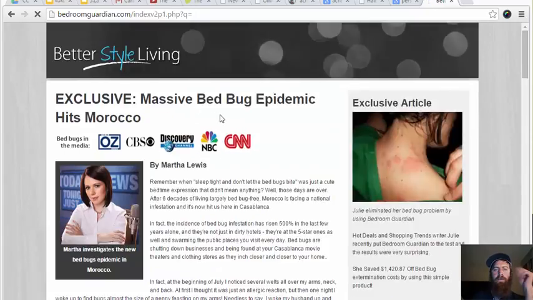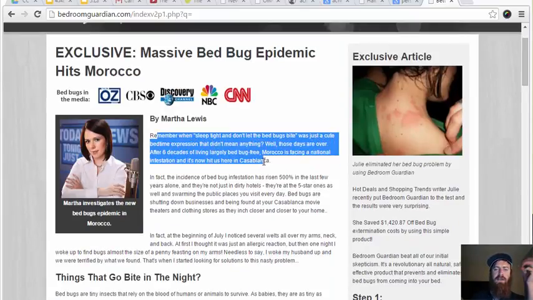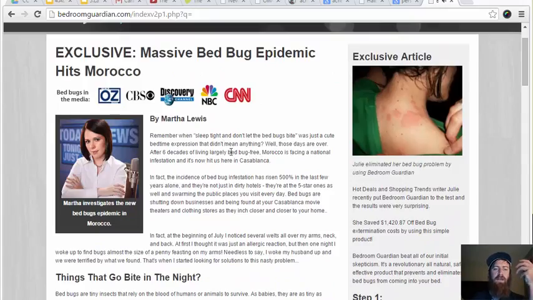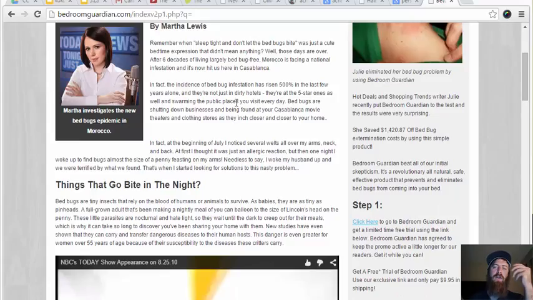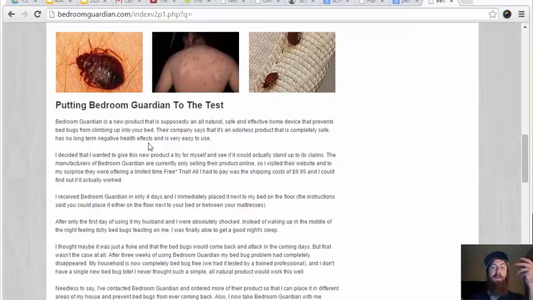So this is an advertorial, and it's kind of flying under the radar, but we're giving people information about how bed bugs attack people, how they've increased 500% in the last few years, and just helping people understand a solution to the problem. The point is, the more ad copy, the better. You want to give people information in a way they can digest it, and they're going to want to digest it.